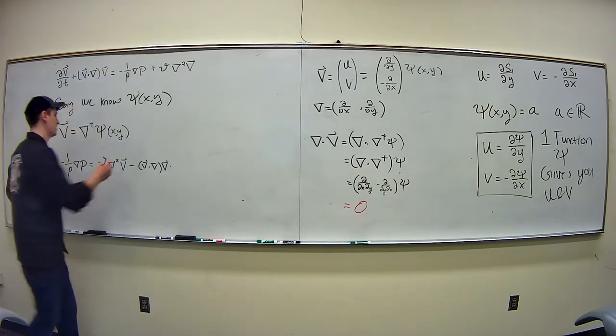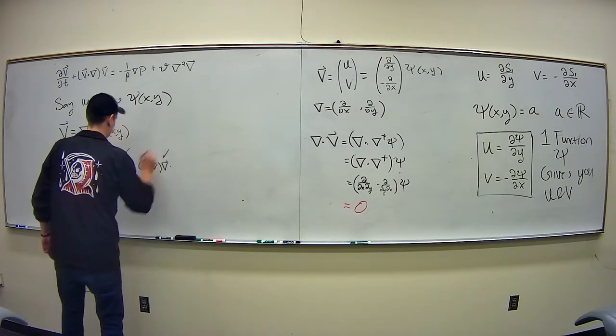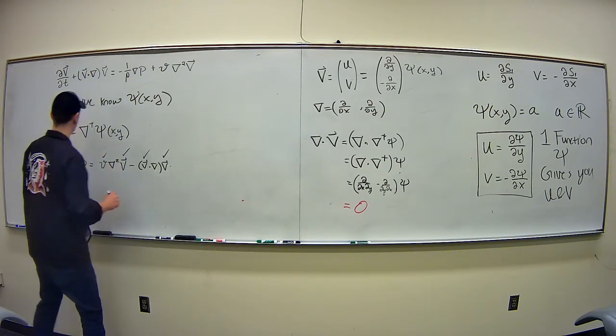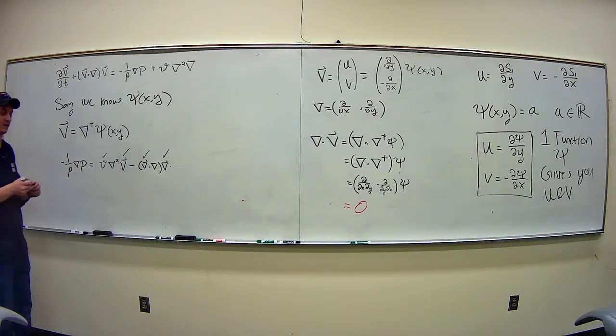But again, appreciate that I know what this velocity vector is. I know what that is. I know what that is. I know what this is. Viscosity, right? So then it's just a matter of calculating the gradient of the pressure.